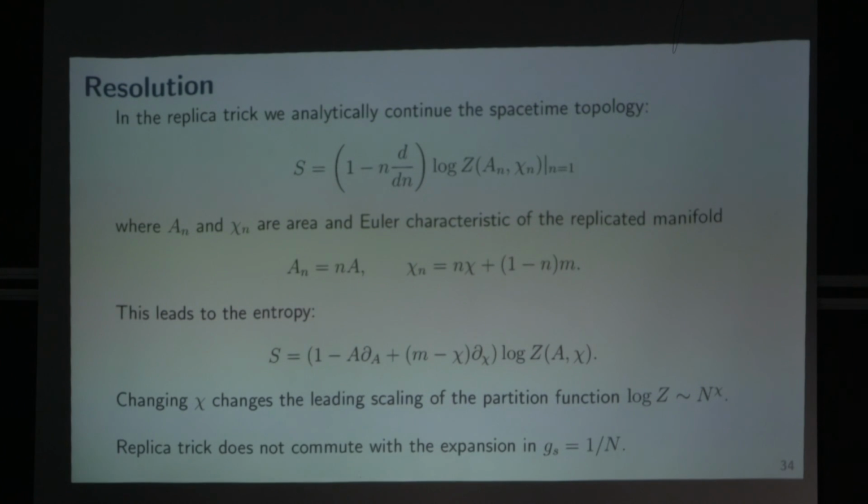And you have to analytically continue across all of these topologies. The point is that in that procedure, I can't hold the power of n fixed as I do that analytic continuation. You can try, you get nonsensical results. You're trying to analytically continue some function which is identically 0 beyond some point.